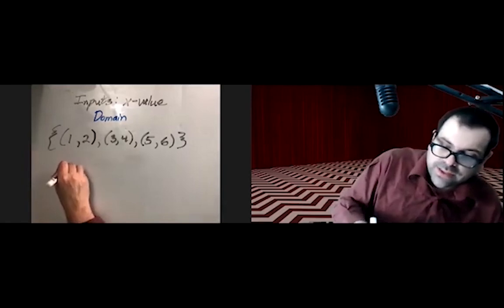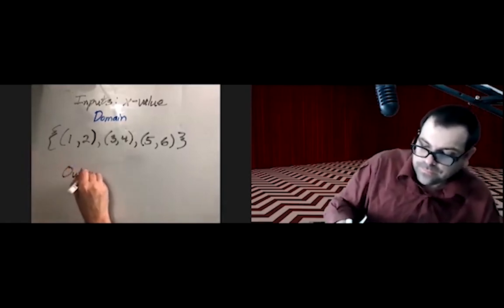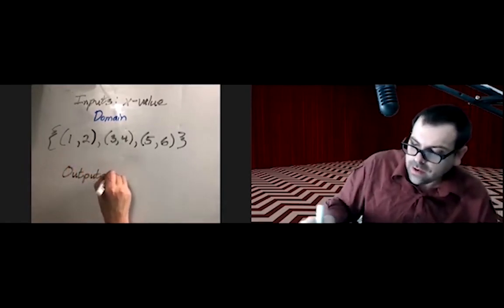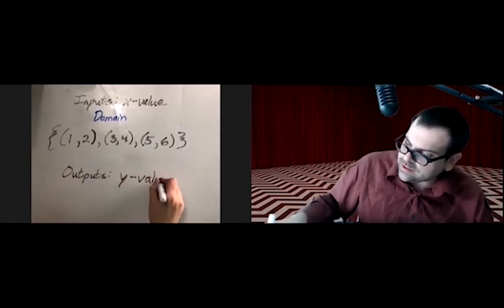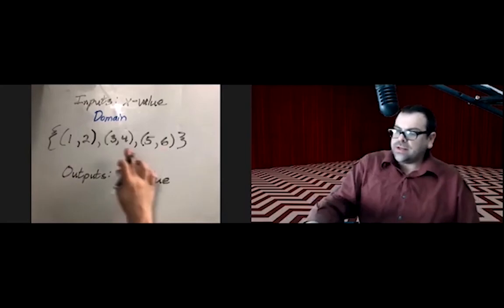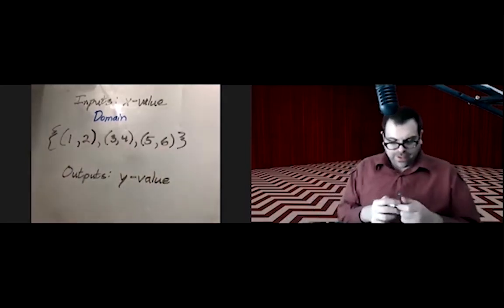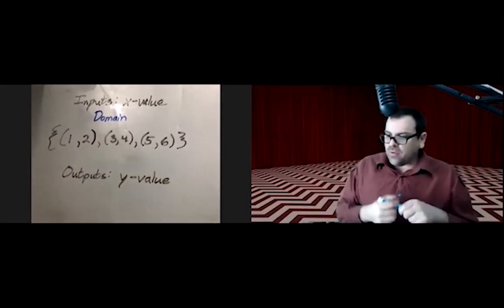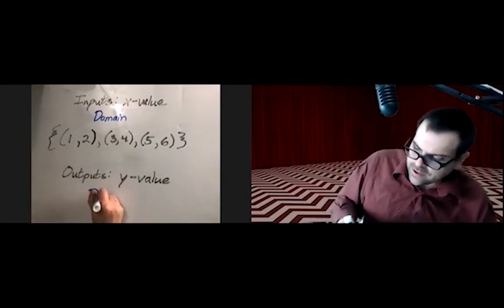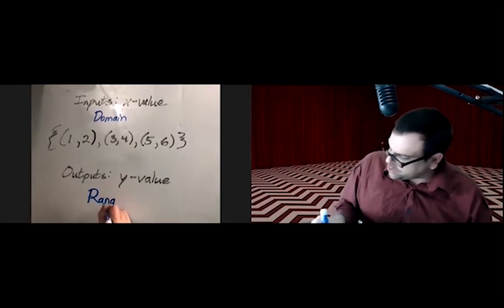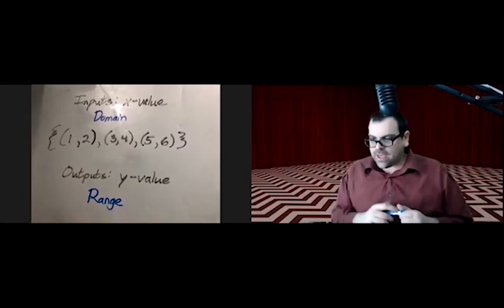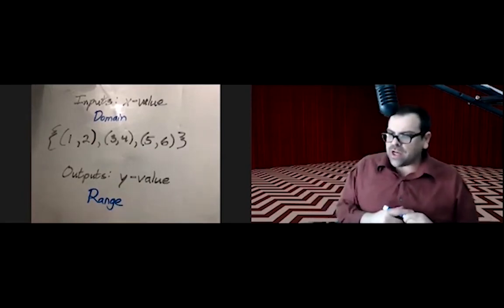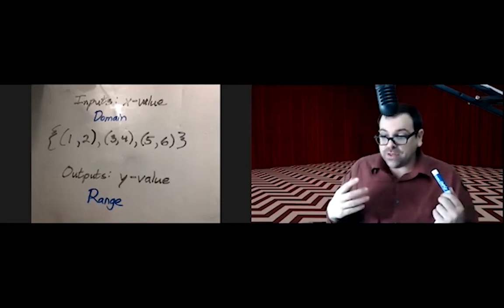The outputs are our y value, the second entry in each ordered pair. And together, the set of all the y values makes up the range. And this is the domain and the range of the relation.